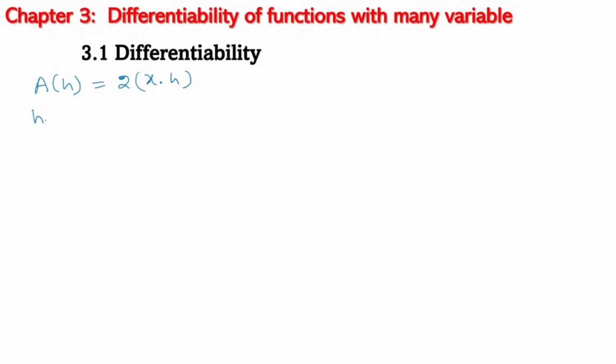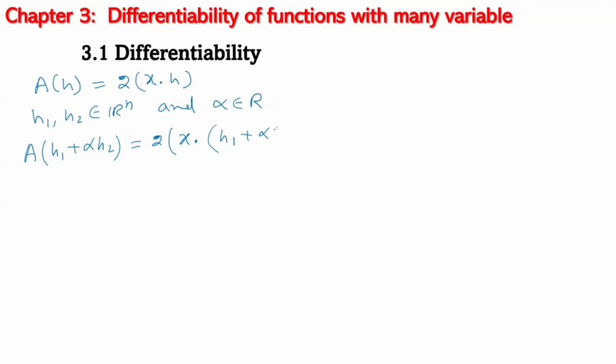So let h1, h2 belong to Rn and alpha belong to R. Then A of h1 plus alpha h2, by definition, is 2 x dot h1 plus alpha h2.